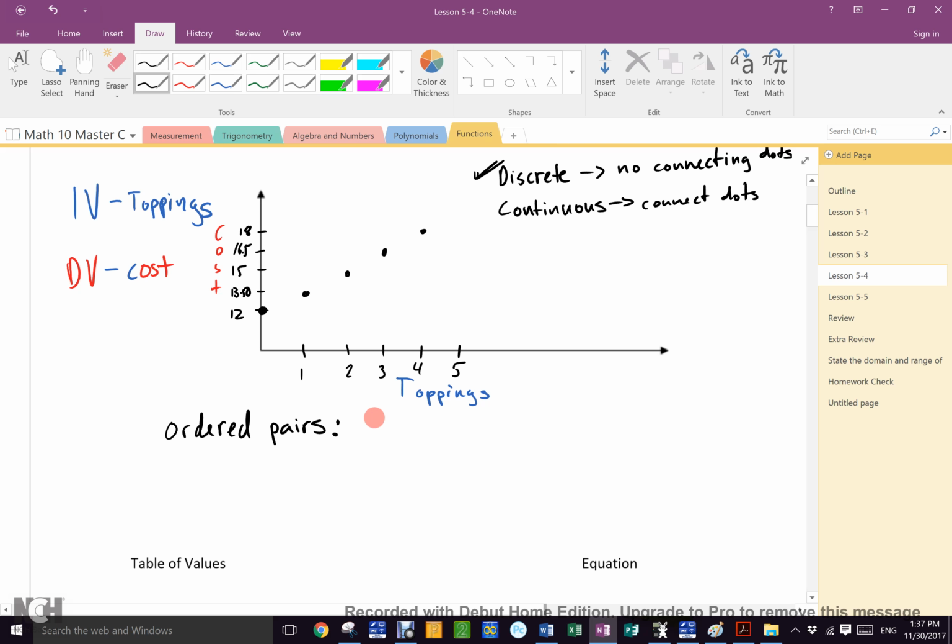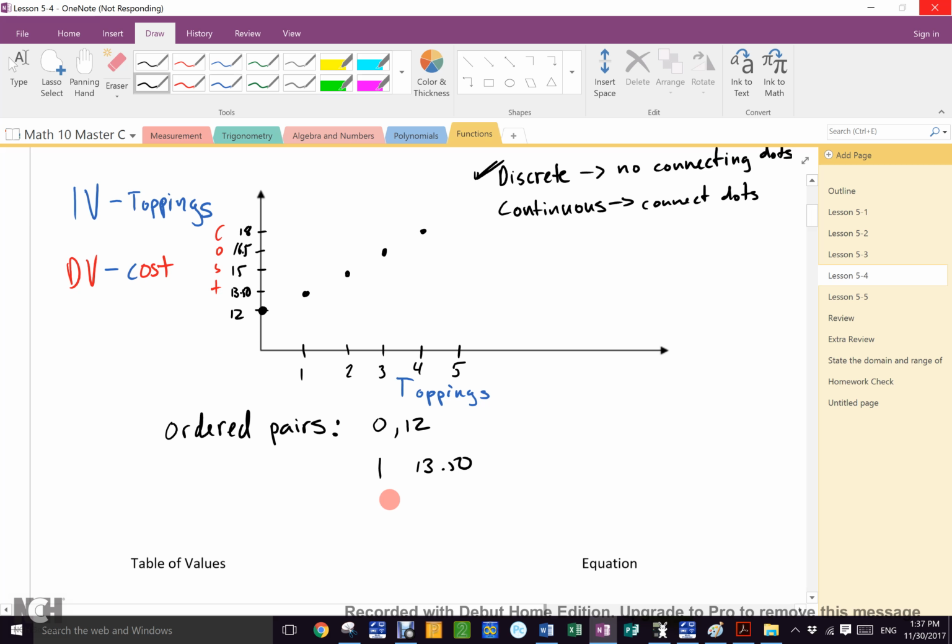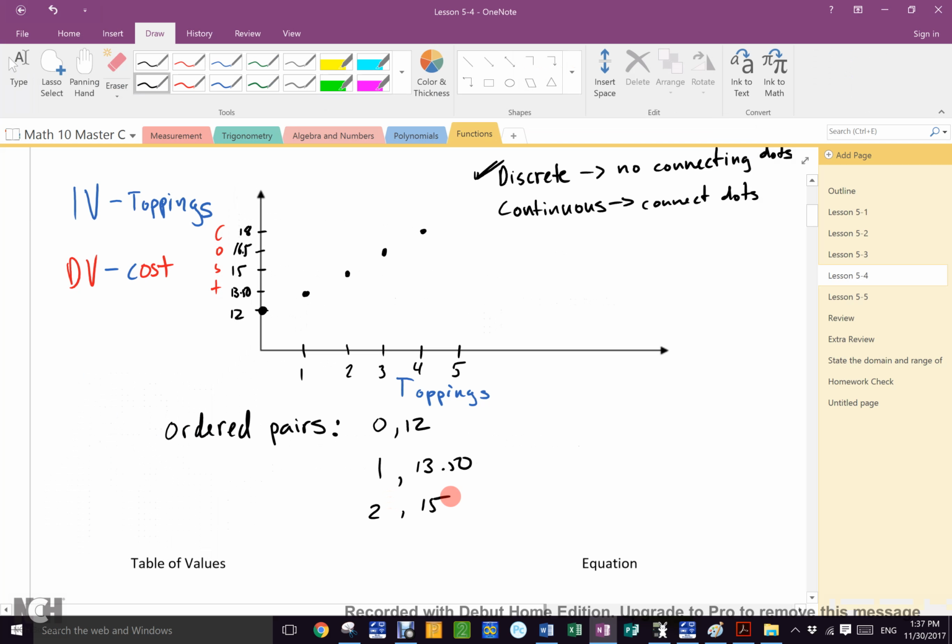What's the next one? 1 and 13.50. What's the next one? 2 and 15. And so on. Is everybody cool with that? Please notice we've had nothing new except discrete or continuous, haven't we? Okay. It's all gonna change.